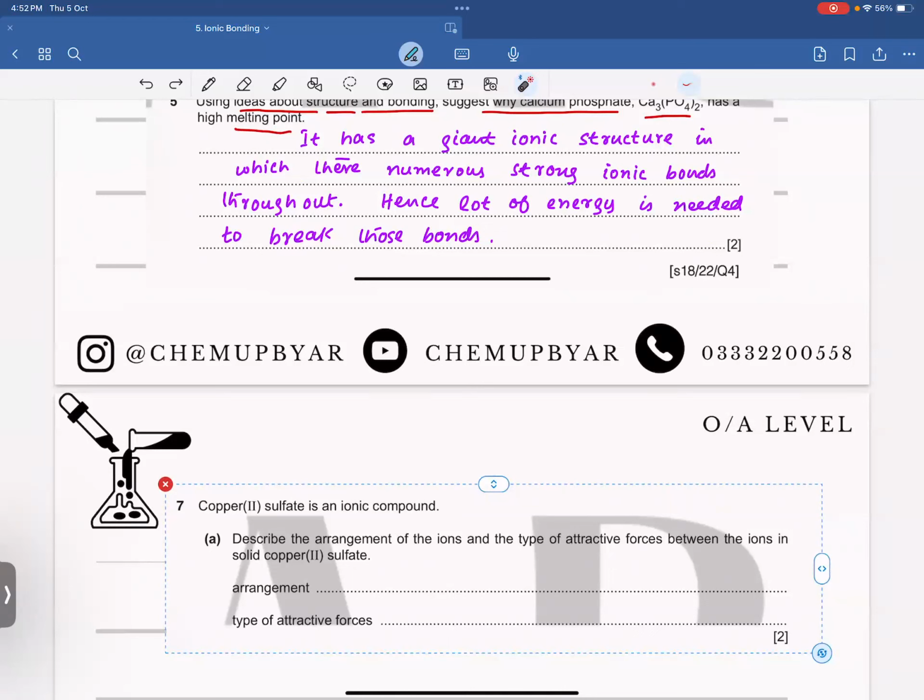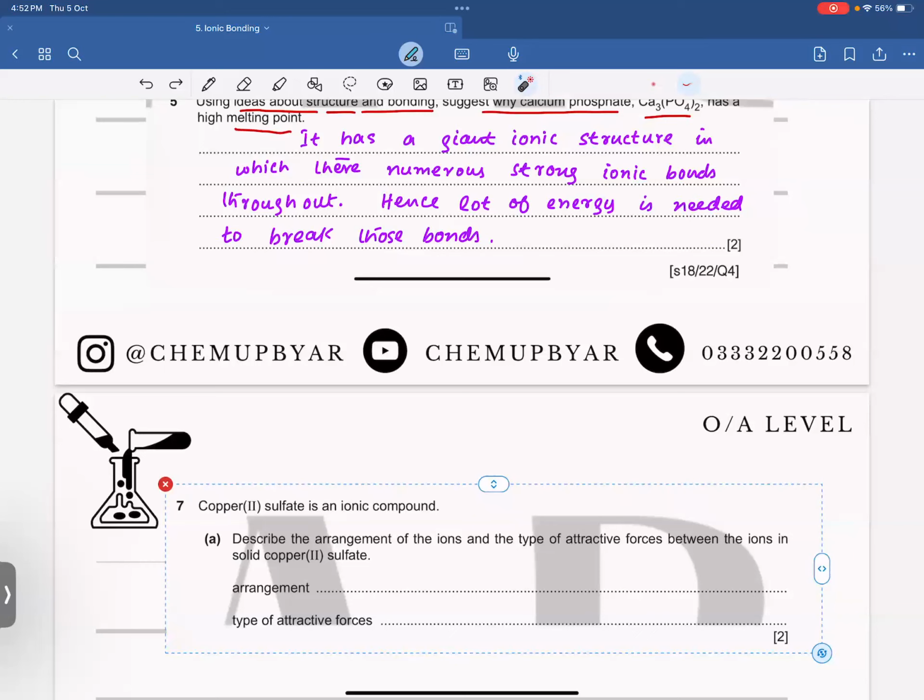Check in the previous notes. Yes, what is the arrangement? It's the regular arrangement or uniform arrangement.